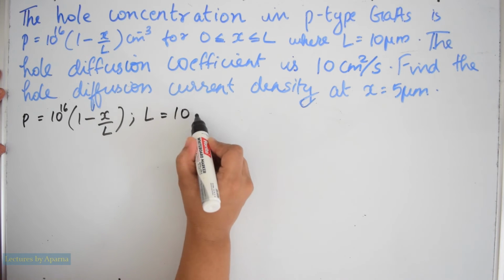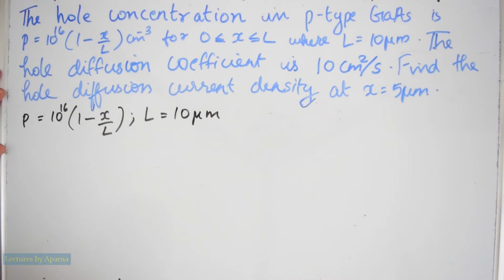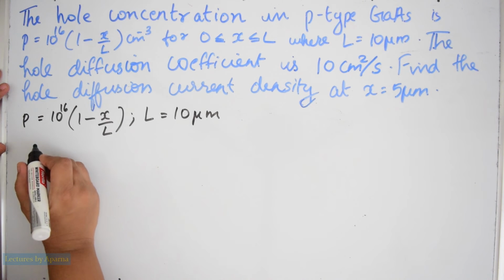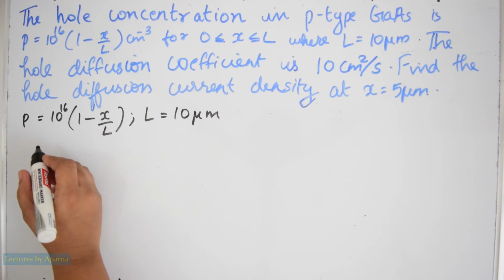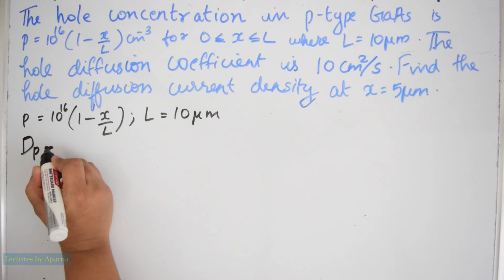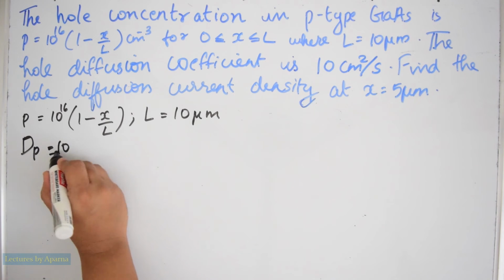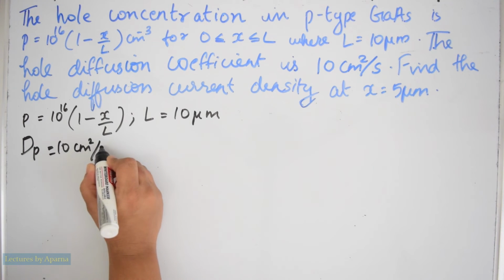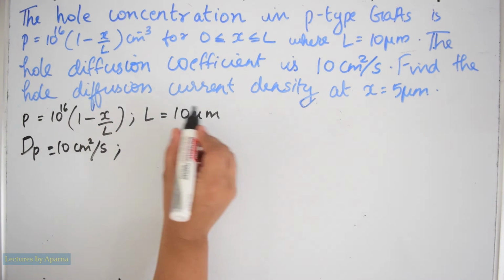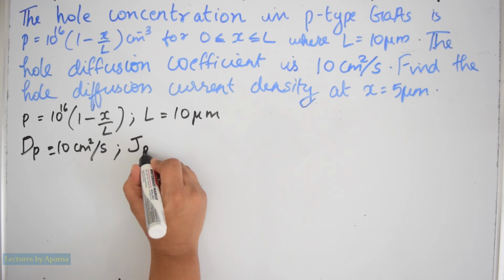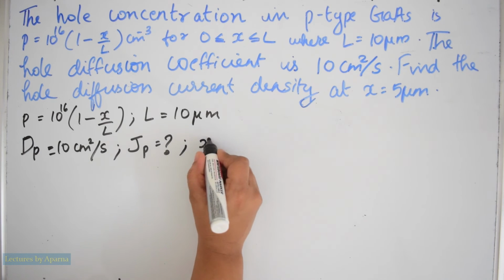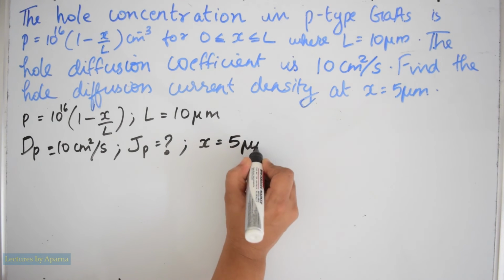The hole diffusion coefficient Dp is 10 centimeter square per second. Find the hole diffusion current density Jp at x equal to 5 micrometer.